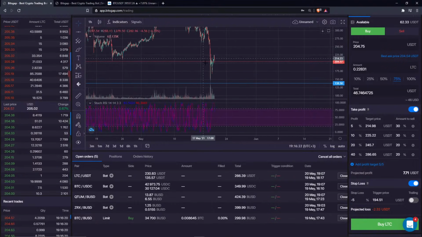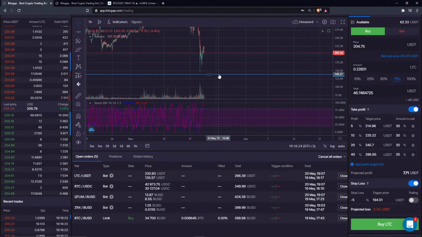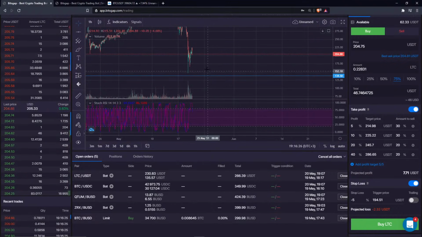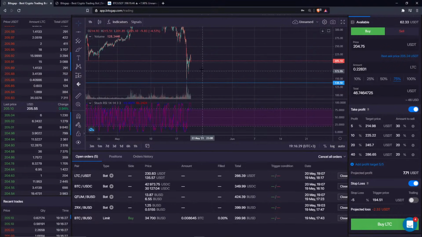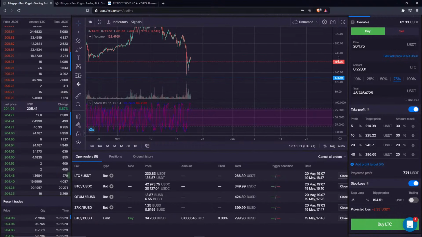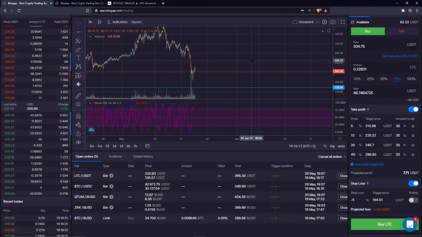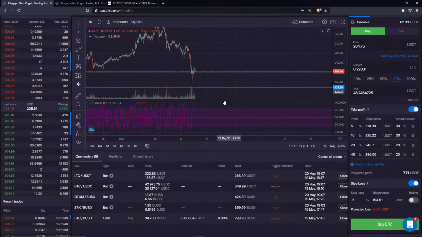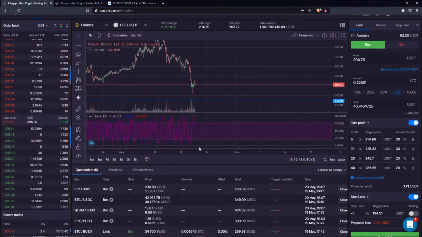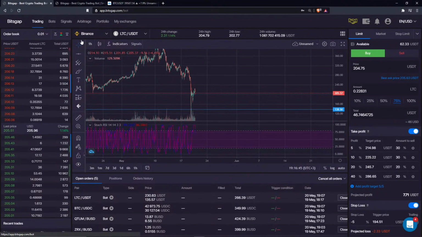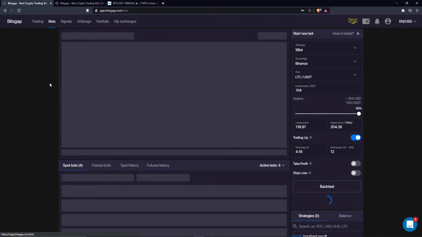I just look at the chart, I set the stop loss on the chart, and then I calculate the distance to that stop loss. If that's too much and the profit potential that I can take from this trade is lower than the potential risk, then it just makes no sense for me to enter the market with this trading setup.